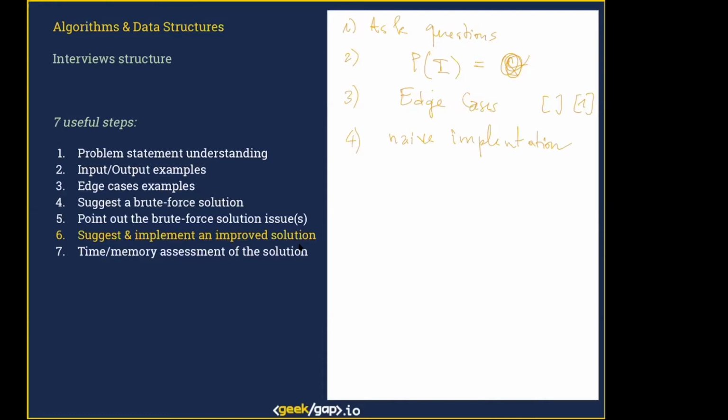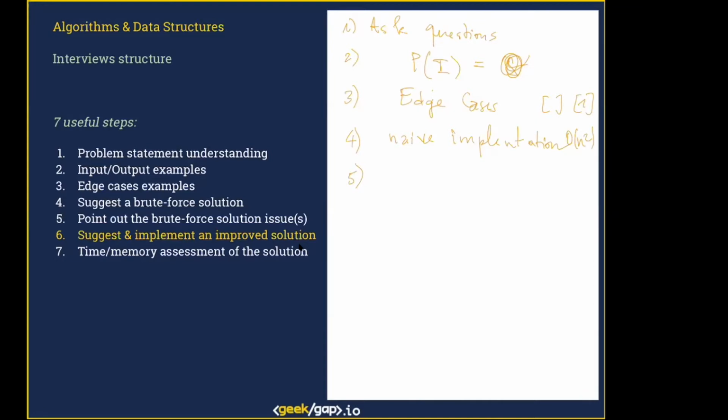And then at the fifth step, you point out the issues with the naive implementation of your problem. So your naive implementation may be using brute force, maybe a big O of n square solution, but it may be the case because you're not using the right algorithm, or you're not using all the assumptions that were given in the problem.